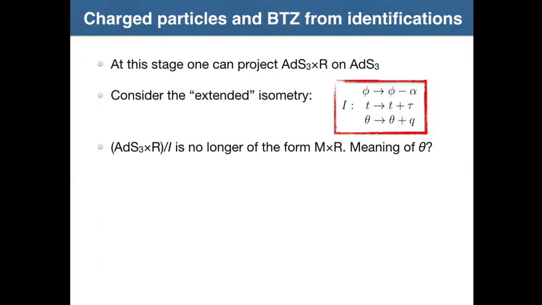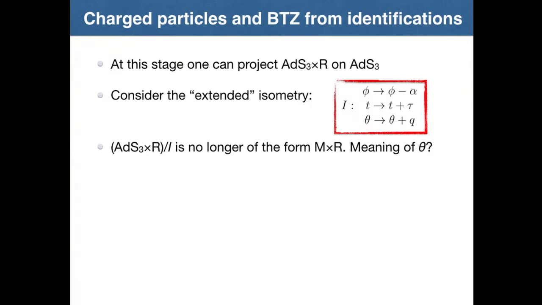And so at the stage I presented up to now, we just had essentially an ADS3 cross R manifold, and I can say that I just throw away R essentially, and I go back to my gravitational theory. But I can also consider an extended isometry, which now involves also the additional coordinate theta.